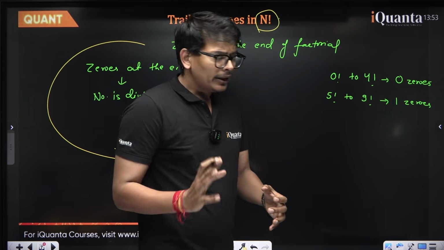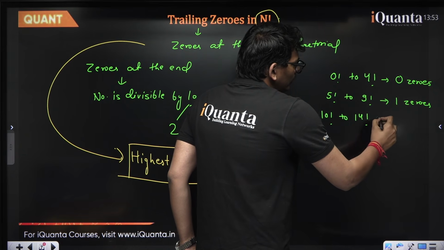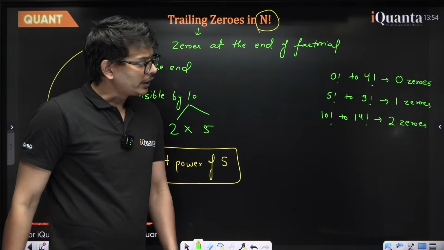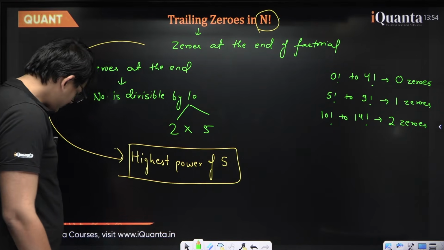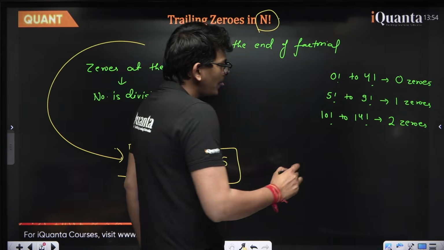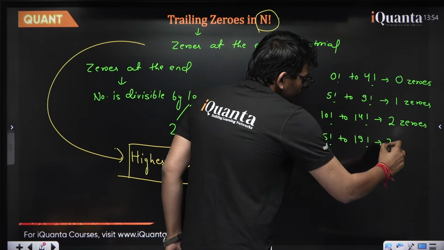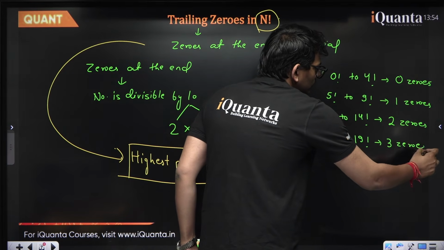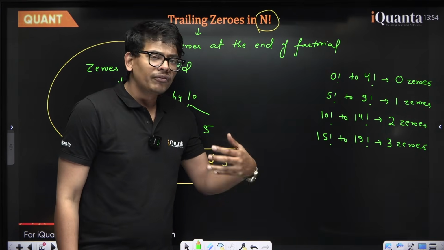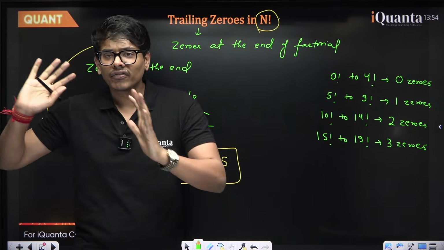10 factorial till 14 factorial contains 2 zeros. You can check this manually with the help of this method also. You have to look for highest number of 5. 15 factorial to 19 factorial contain 3 zeros. Because whenever the multiple of 5 will come, the number of zeros will increase because number of zeros depends on number of 5s, right?